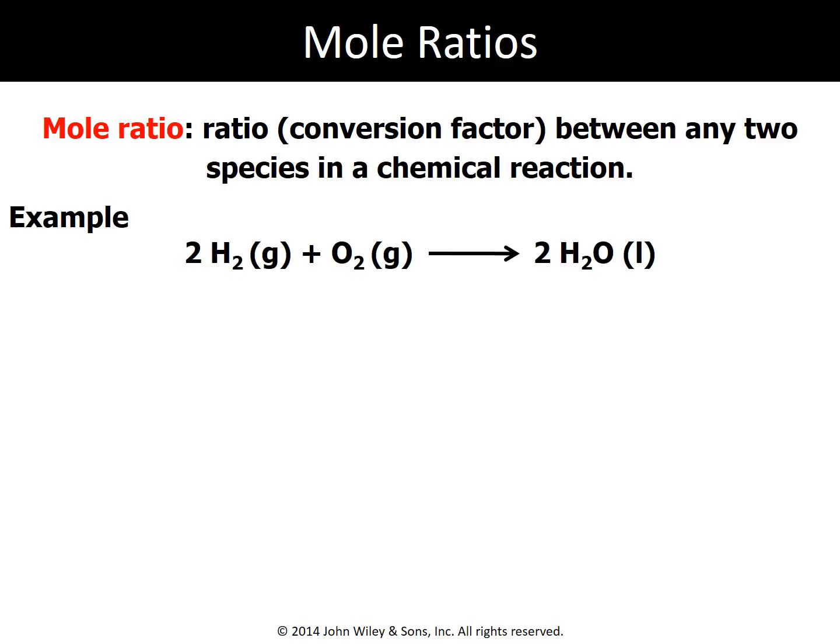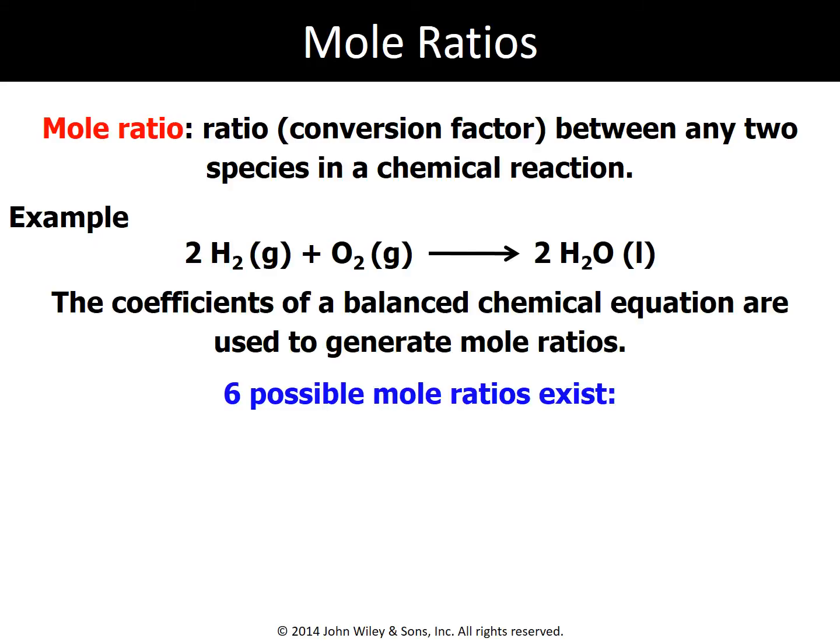So our mole ratio, looking at this balanced equation, is 2 moles of hydrogen gas plus 1 mole of oxygen gas, giving us 2 moles of water. We can use coefficients here to make any ratio of a product or reactant together. So here we have 6 different possible molar ratios.